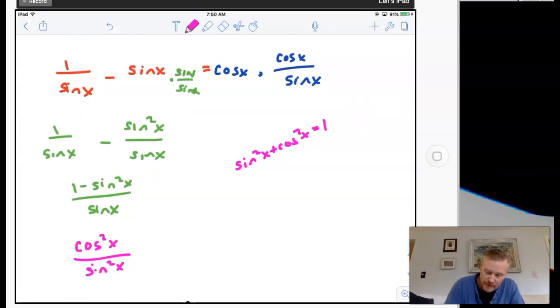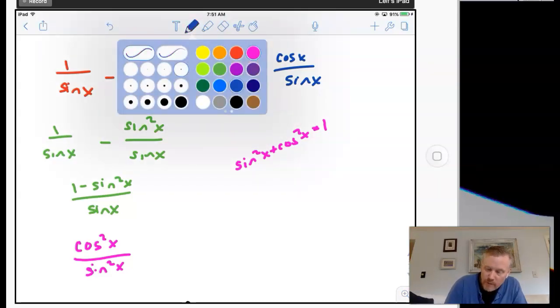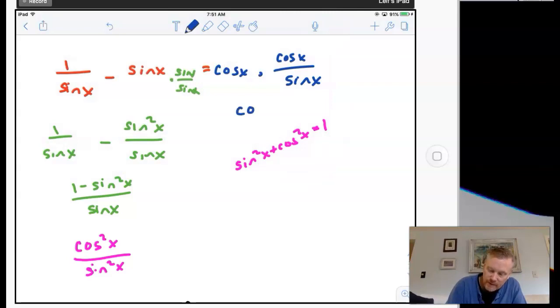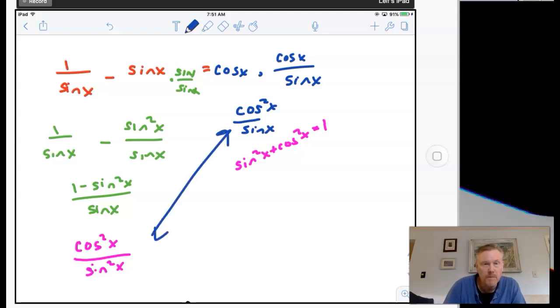Which is actually the same thing as, oops, I should change colors here. Remember how I manipulated that cosine. So these two are the same thing, okay? Which means I'm done at that point.